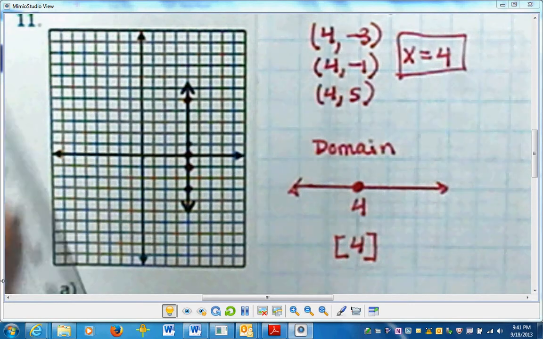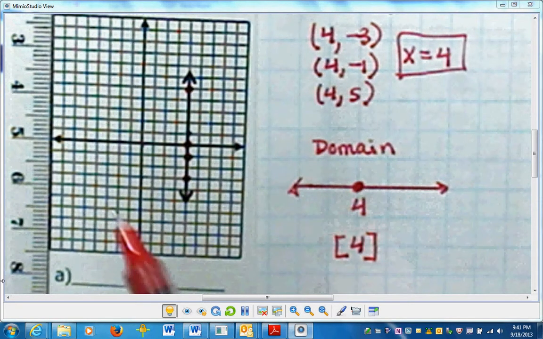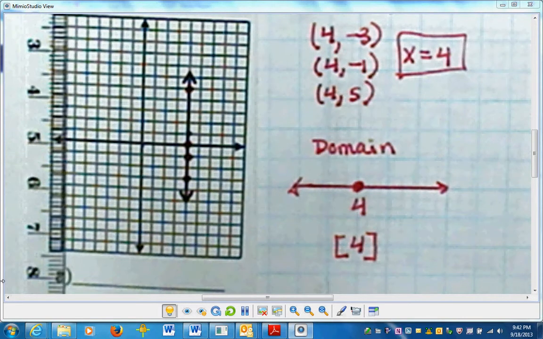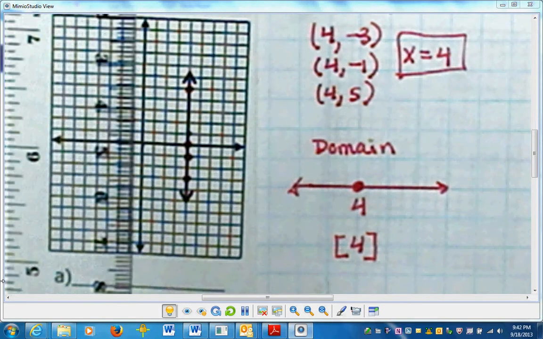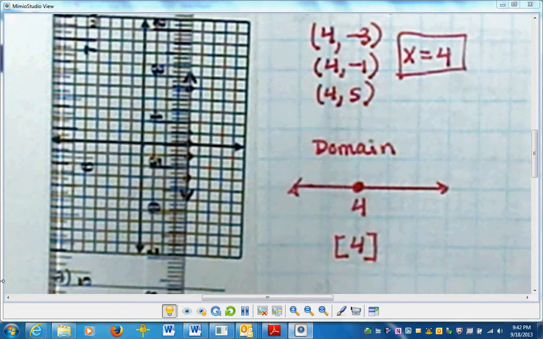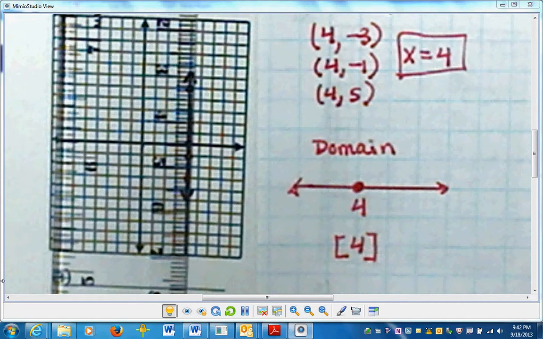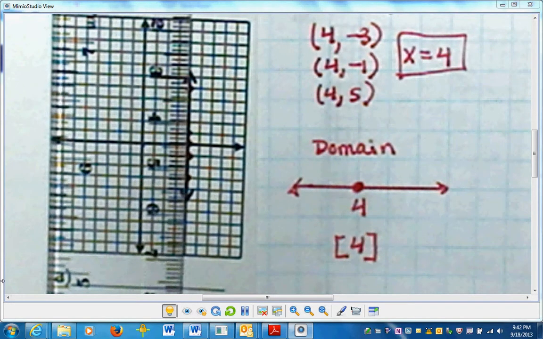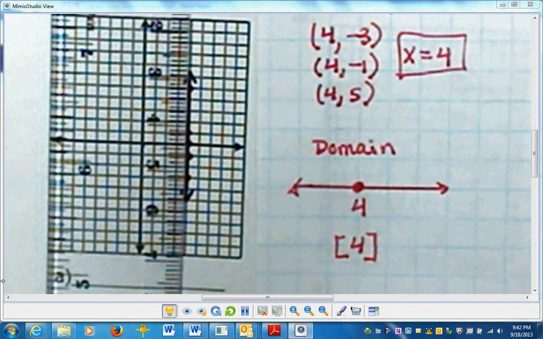If we do what we were doing before on our xy coordinate plane and I move my ruler from left to right until I hit the line, I hit it at 4. And if I keep moving, it's not there anymore. So the only place where I have x values is where x is 4.